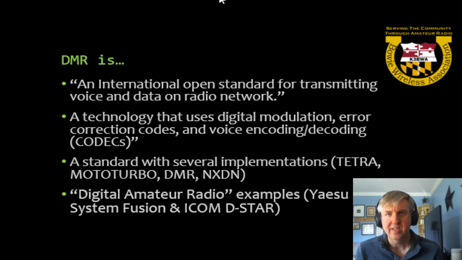But with these codecs, generally our audio fits within a 3 kilohertz channel if you're talking normal analog voice. With DMR, you can reduce that dramatically using these codecs. That's important because the fewer bits required to transmit the voice, the less bandwidth is required to send it over RF.